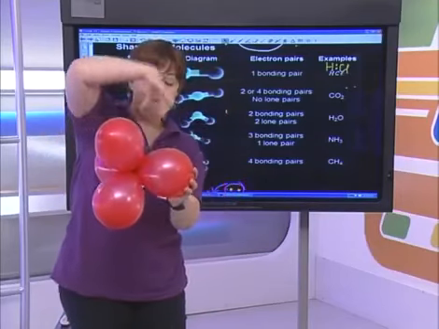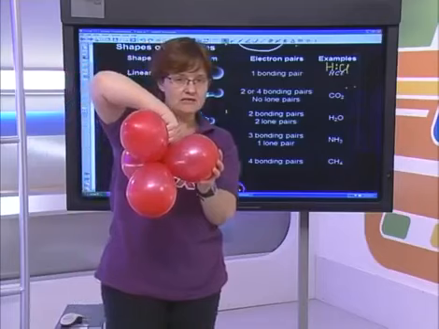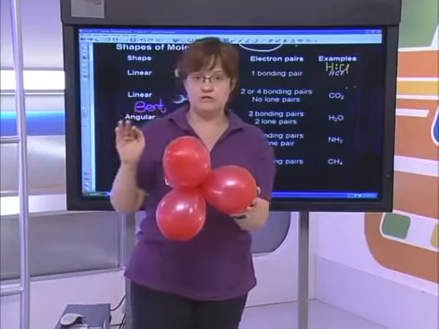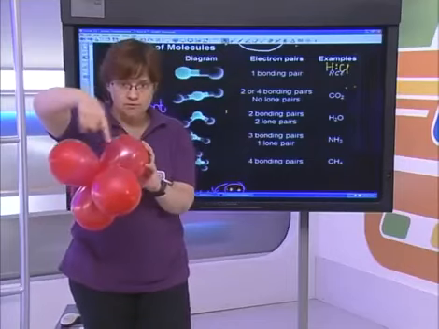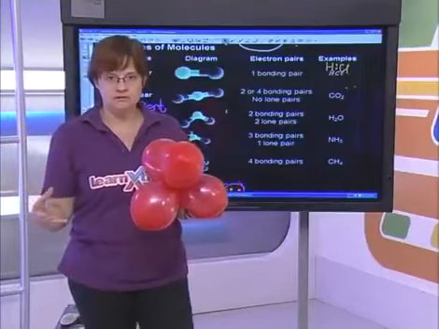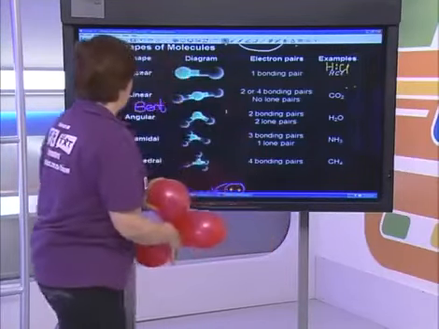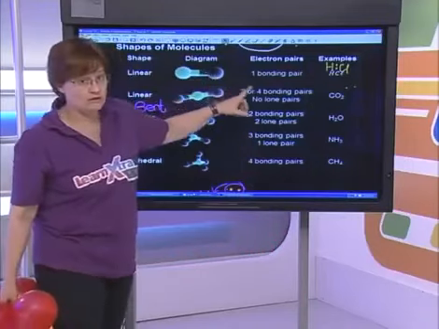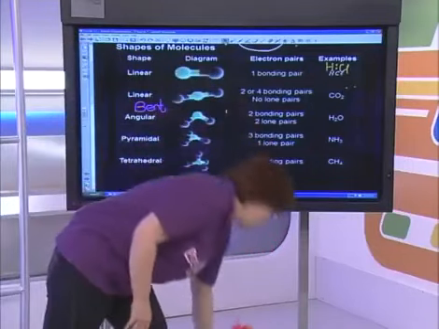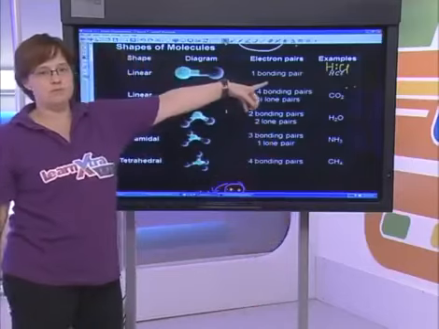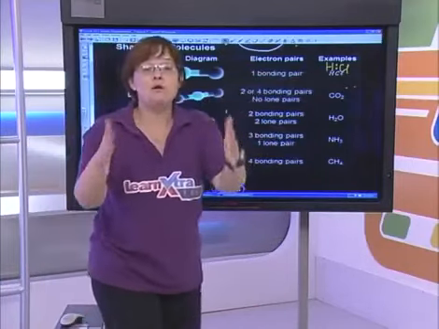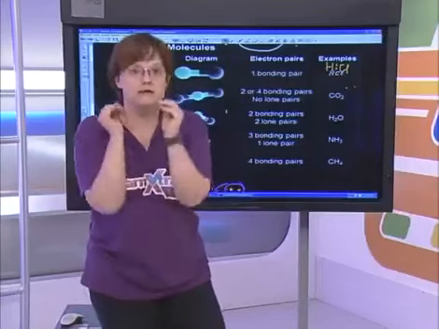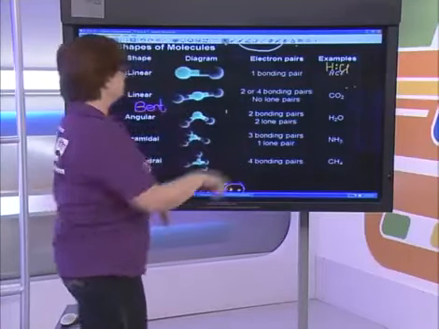So the bond between the carbon and the hydrogen is polar, unequal sharing. There's nothing we can do about that. But the molecule is non-polar, okay? Very important. For our linear ones, the straight across, if it's a non-polar bond, it's a non-polar molecule. If it is a polar bond like hydrogen chloride, it is a polar molecule.